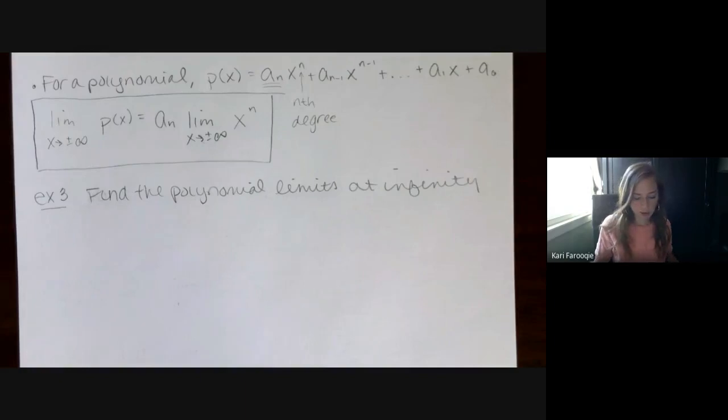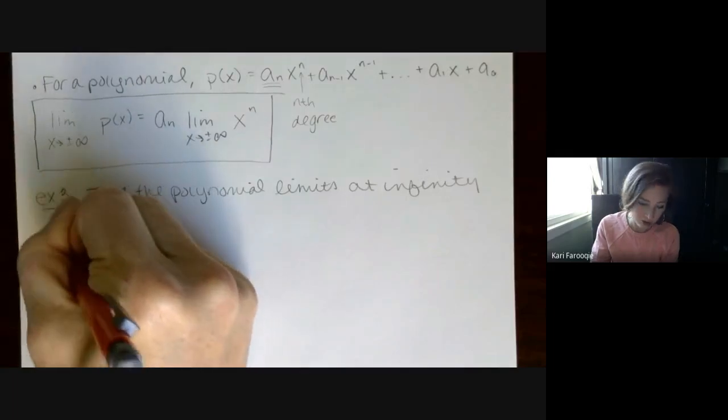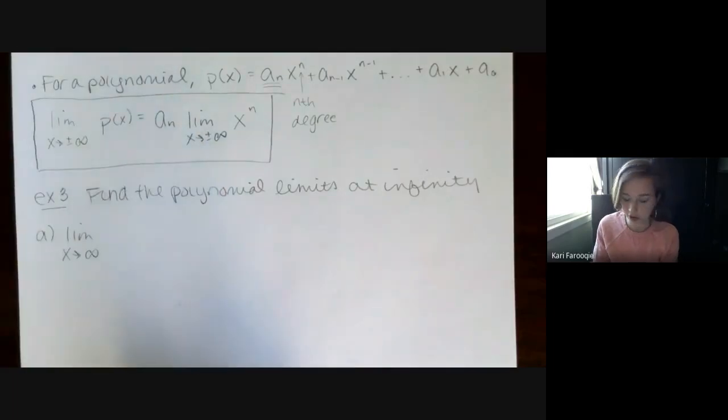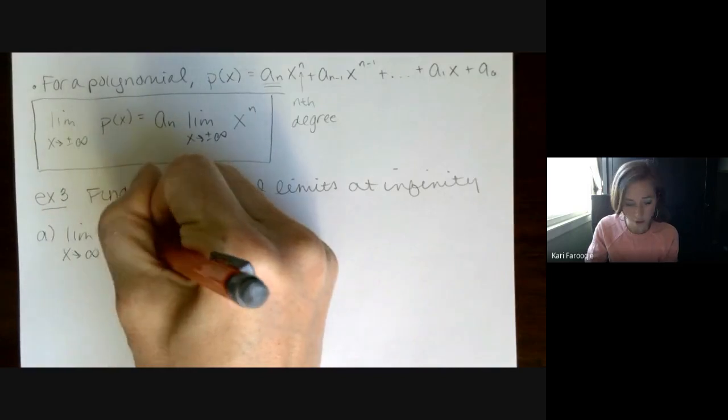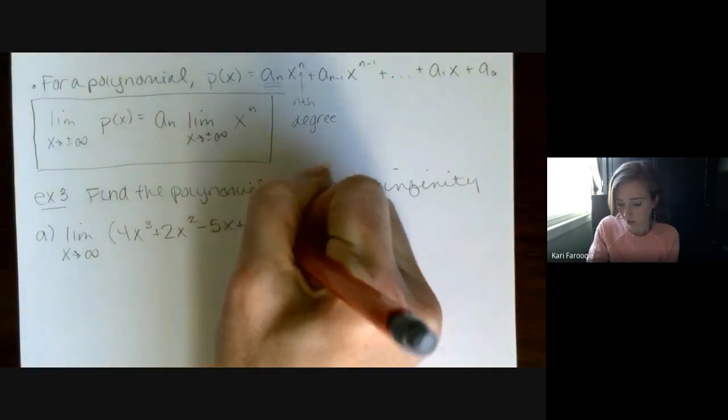And then I'll give you a couple of examples so you get familiarized with this process. So the first one will be the limit as x approaches infinity of 4x cubed plus 2x squared minus 5x plus 2.